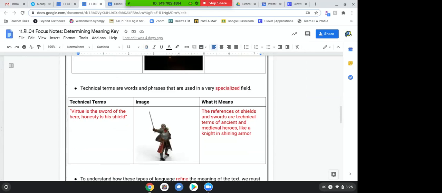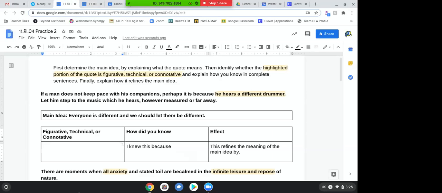Technical, are they using terms that are specific to a field? Maybe drummer, but that by itself isn't enough to justify its technical usage, nor is music. Drummer and music are not enough, at least not enough to override its figurative nature. And so here we are going to definitively state that it is figurative.